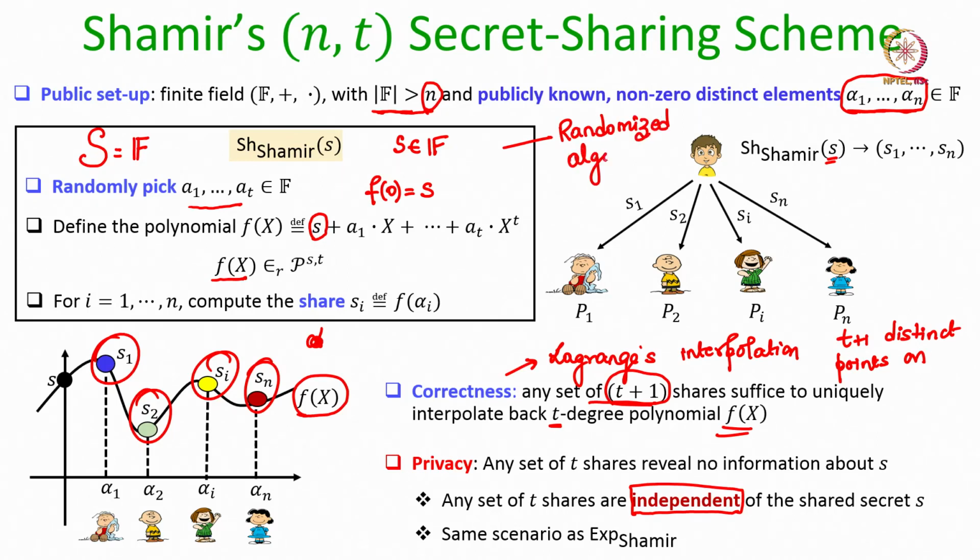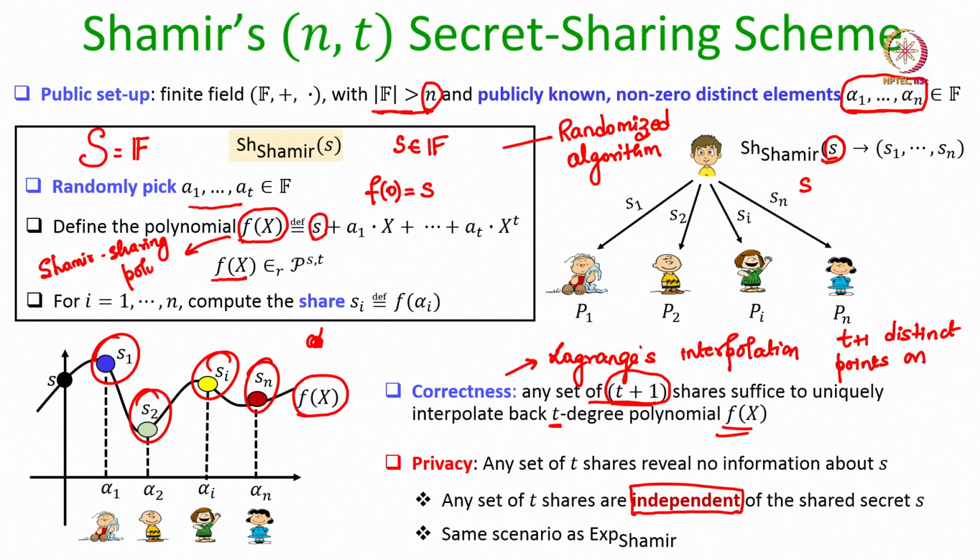Why is it a randomized algorithm? Because if the dealer wants to share the same secret S multiple times, then each time it will be picking the underlying sharing polynomial. So, we will call this polynomial f of x as the Shamir sharing polynomial.